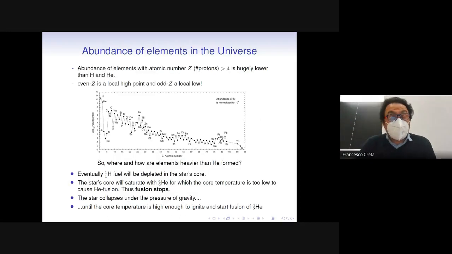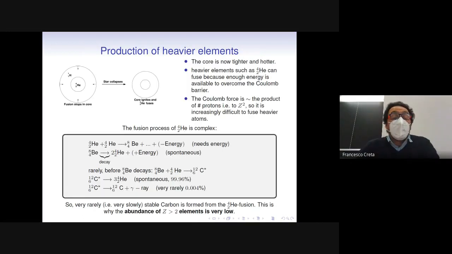So we saw this here, and we're talking about 10 to 15 orders of magnitude here in abundance. So we're talking about a lot of difference between the abundances. Well, the fusion process is very complex. I won't go into any detail here. You have the formation of beryllium, which now decays back to helium. Some processes need energy, some will let energy out.